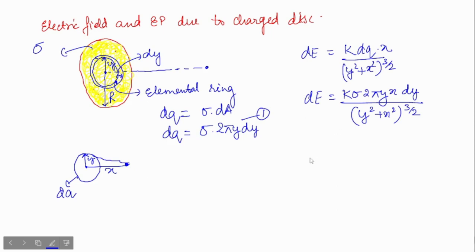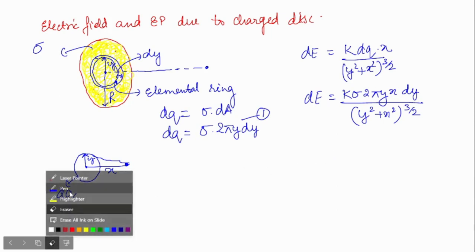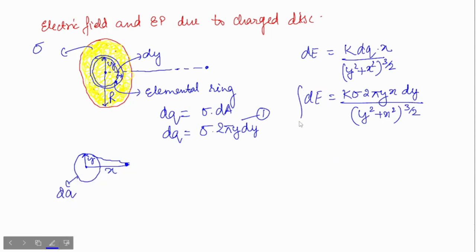Now what will be the net electric field? The net electric field will be the integral of dE. If you integrate this, what will be the limit of y? y is varying from the point on the same axis where we need to find the electric field.